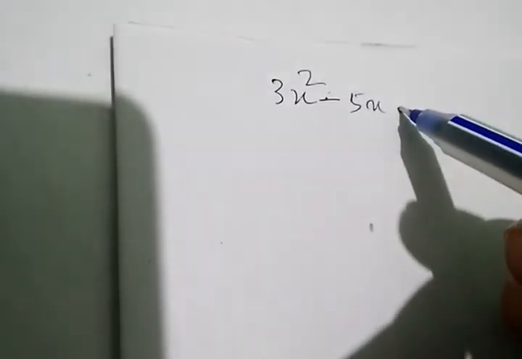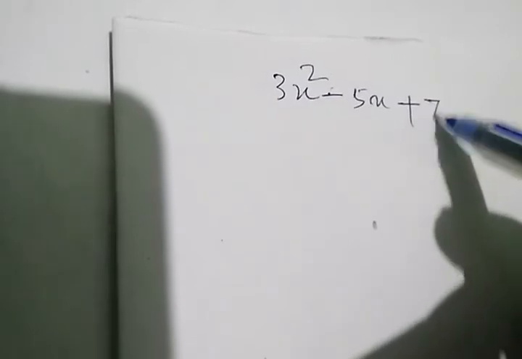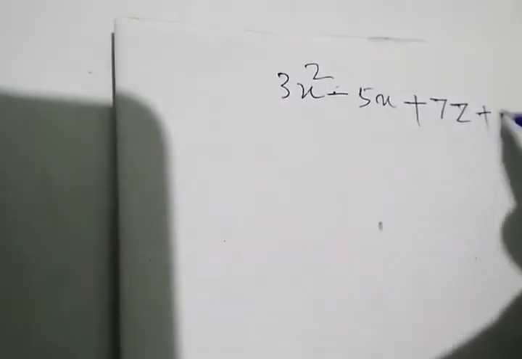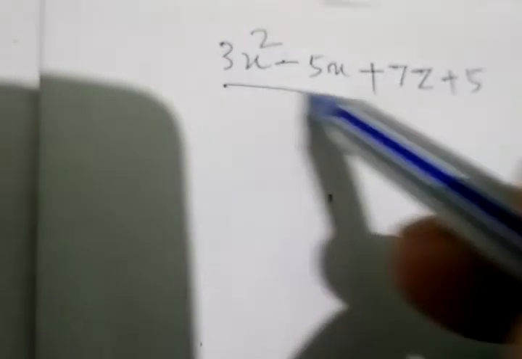Polynomial can be a monomial or a binomial or a trinomial. So you see here 3x square minus 5x plus 7z plus 5, and this is a polynomial.